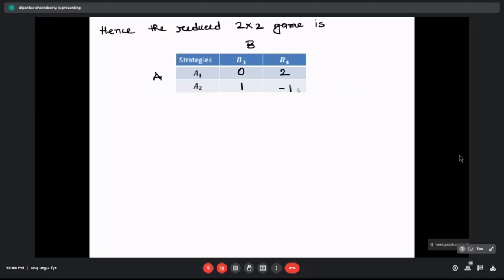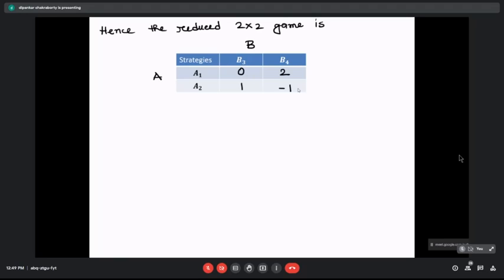After that, again, you have to use the mixed strategies formula to find the optimal strategies for player A and player B. Is it okay to you? Please. Is it okay? Yes, sir.